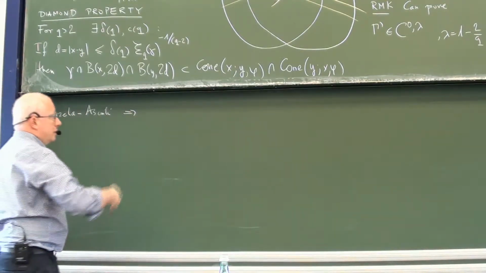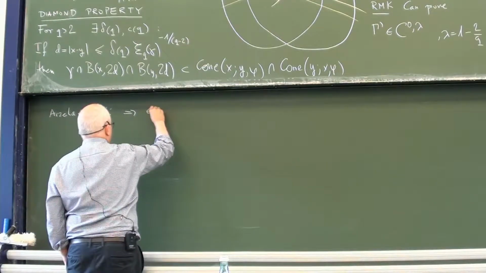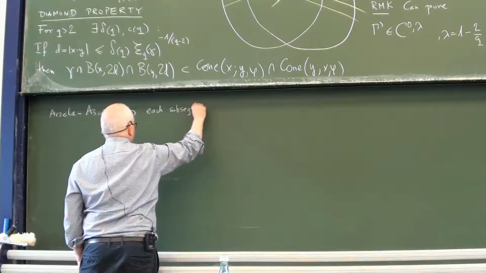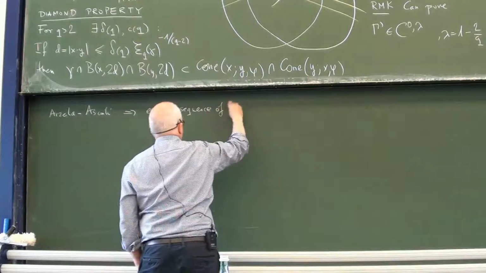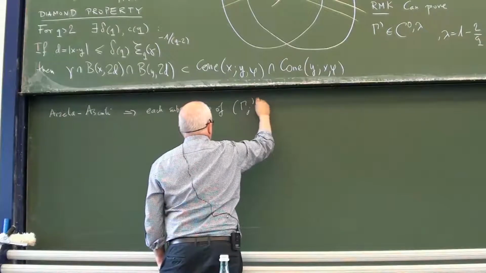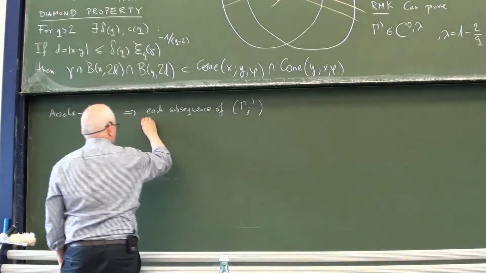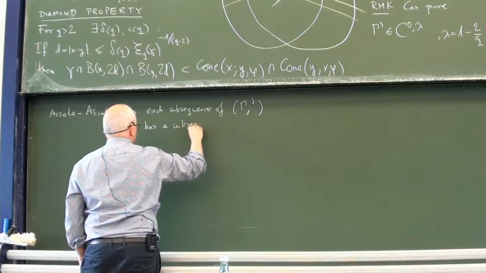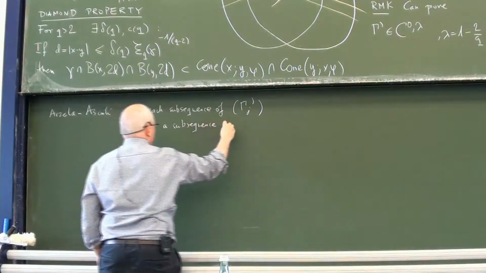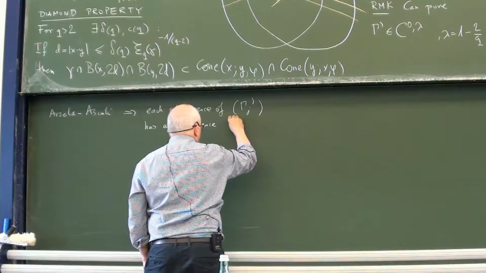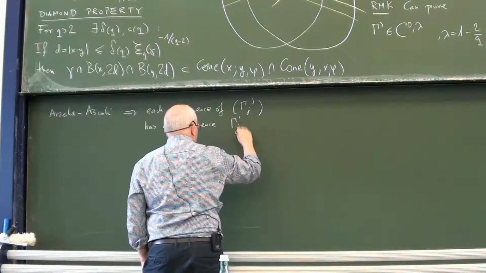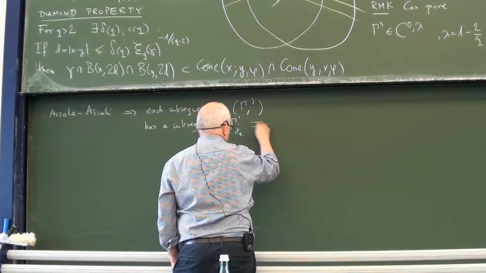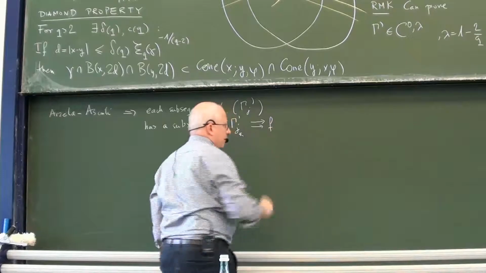and then you know that each subsequence of gamma_j prime has a subsequence, let me add another index for a second, converging uniformly to some function f.